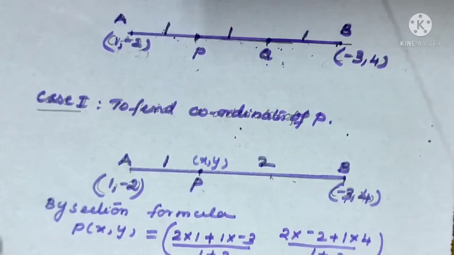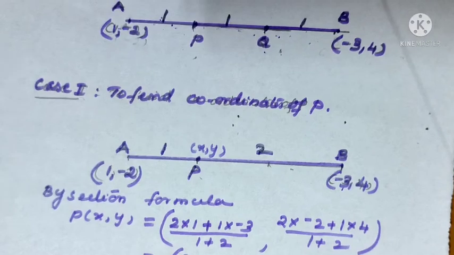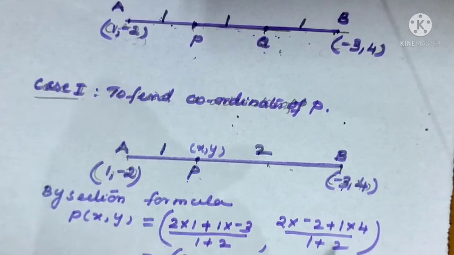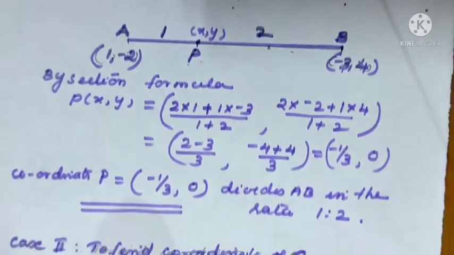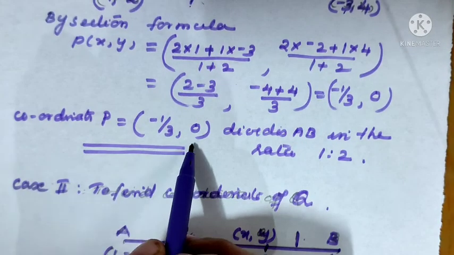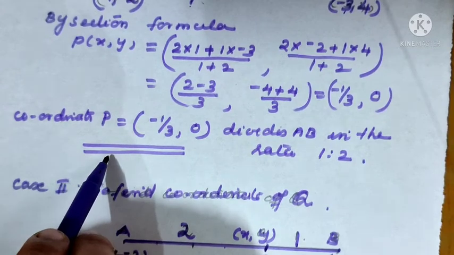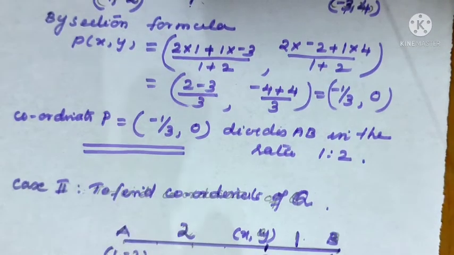So to avoid confusion, you must draw 3 diagrams for this type of question. In case 1, we take the P value. Now the P value we calculate with the section formula, and we got minus 1 by 3 comma 0. In case your P coordinate becomes wrong, then your Q value will also be wrong.